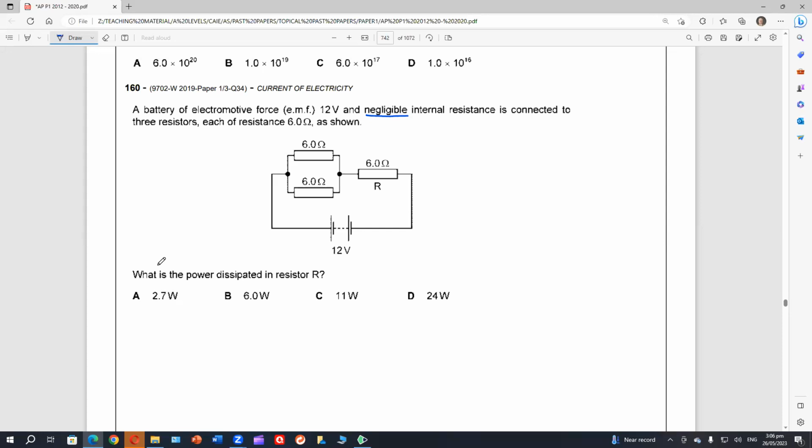I was thinking that we should first look at the 6-6 parallel, and then we can divide it in the ratio because we do not know the current. So I think we should first find the effective resistance.